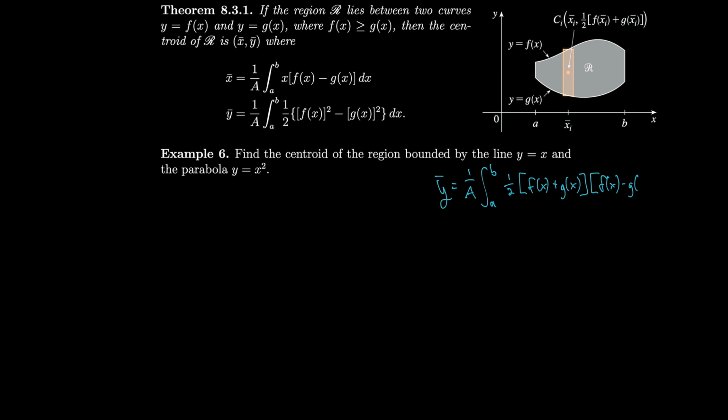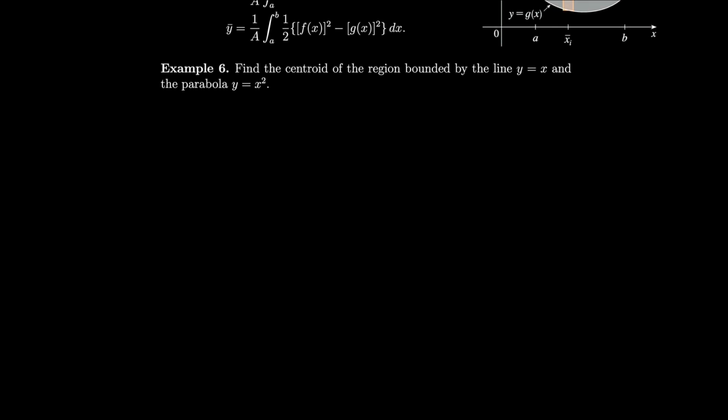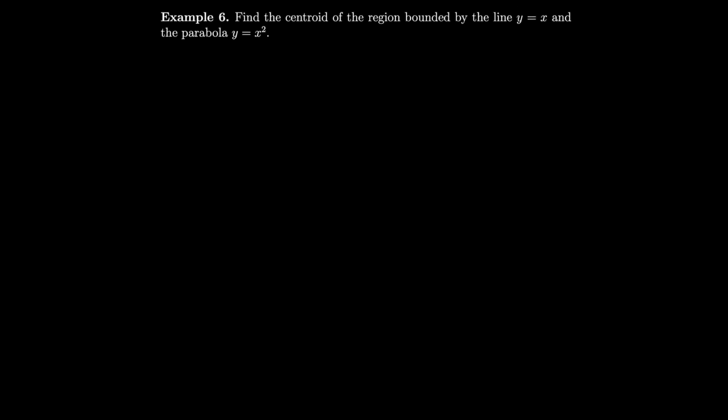Let's do an example though. We'll find the centroid of the region bounded by the line y equals x and the parabola y equals x squared. So first we should probably draw what's going on here. So we've got the parabola y equals x squared, the line y equals x.